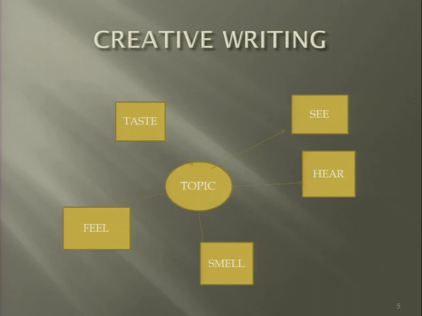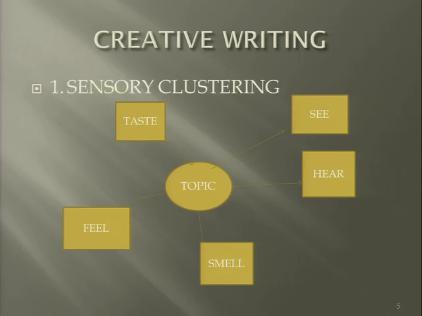But try by all means to use all the 5 senses that a human has. If you want to include the 6th one, it would also be a bonus, which is the sense of humor, of course. All these sensory clusterings are very important because they enhance your writing. They give it more substance.